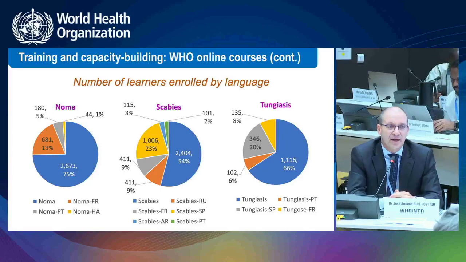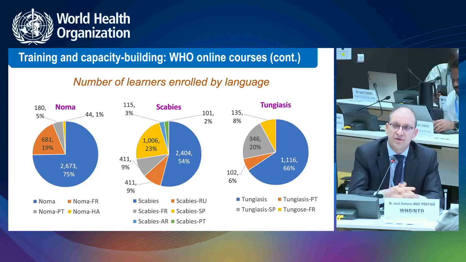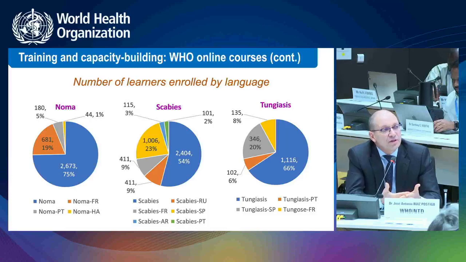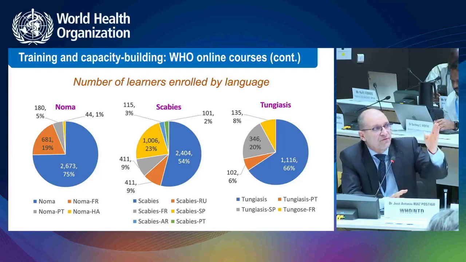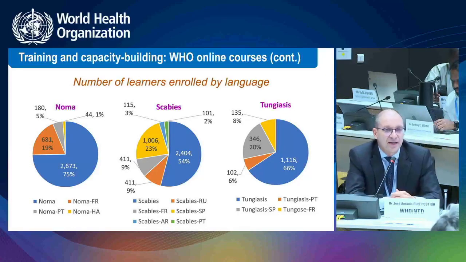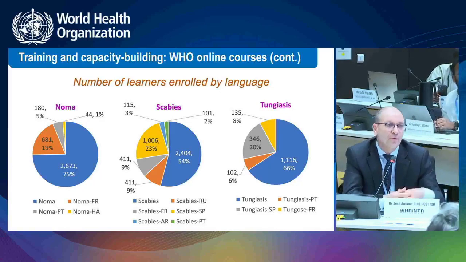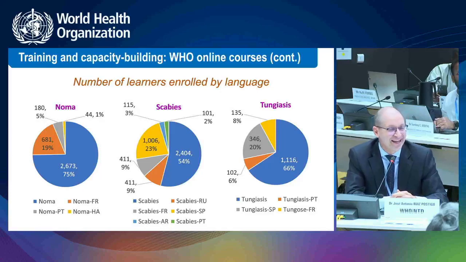We also did some analysis on the uptake depending on the language. It's quite an effort to translate the courses into several languages. We can see in these 3 pie charts on NOMA, scabies, and tungiasis that most learners have enrolled in the English version, from 54 to 75%. So the English version is highly successful, and we need to continue publishing in English.